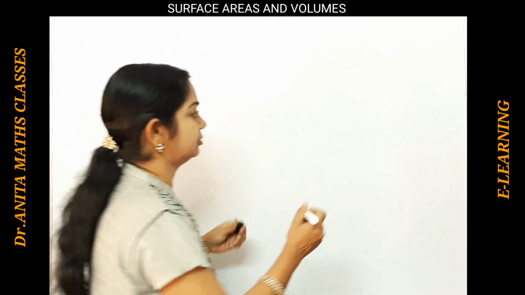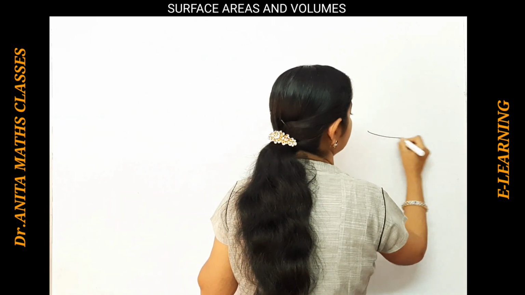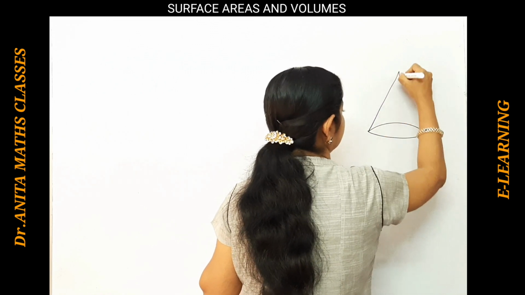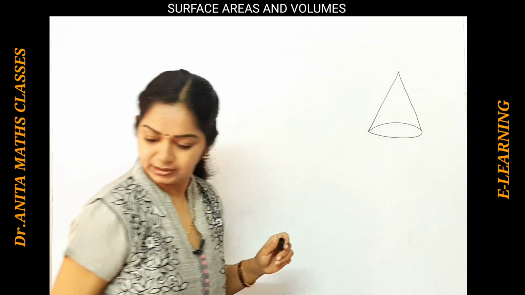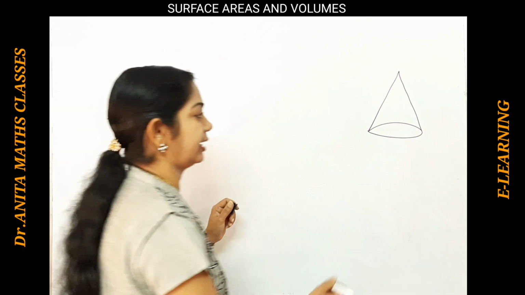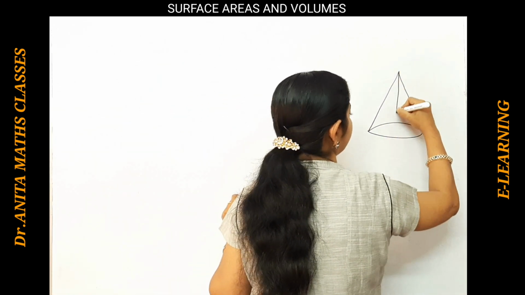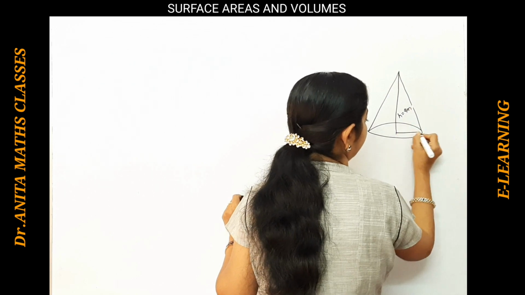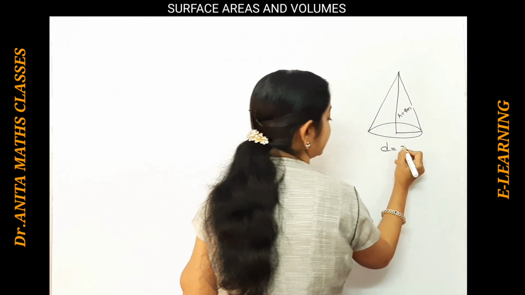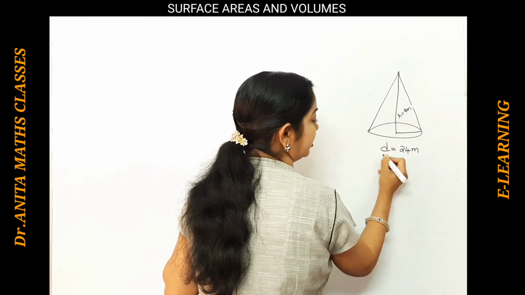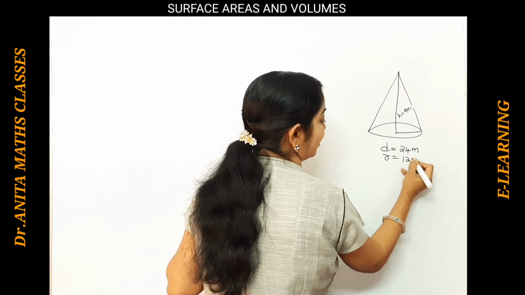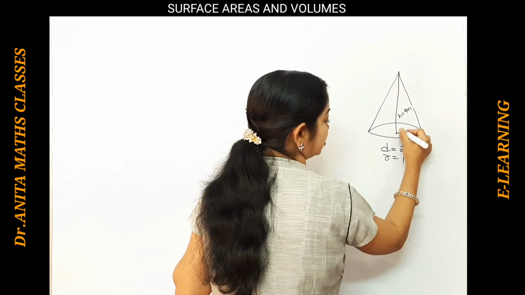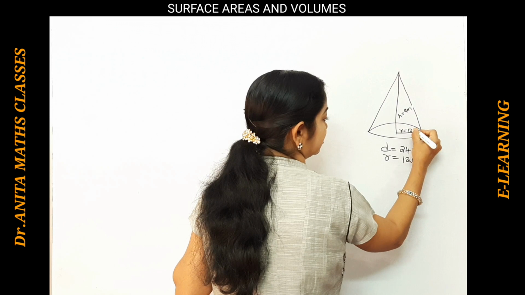So here, the height of the tent is 9 meters, like this. And the diameter is given as 24 meters. So the radius is 12 meters, 24 by 2 is 12 meters.